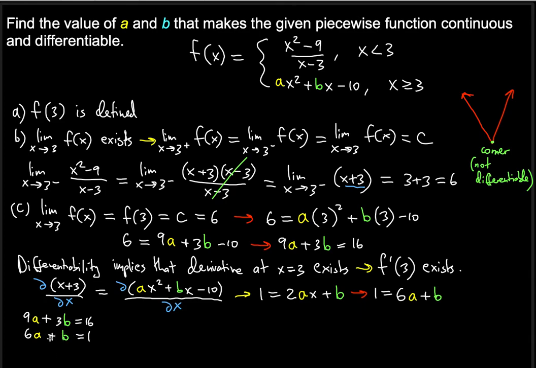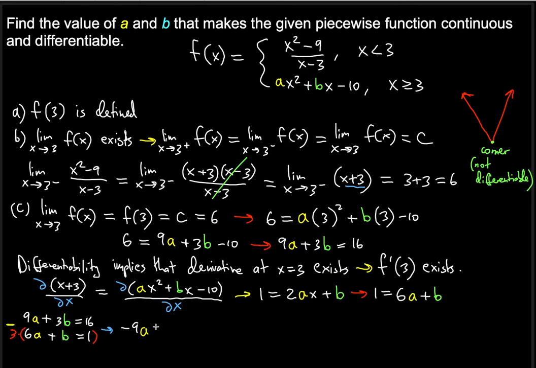So if you multiply the second equation by 3, and then subtract that result from the first equation, the b's will be gone, right? So I'm going to multiply the second equation by 3. As a result, this is what I'm going to have, and I'm going to subtract it from the first equation. So I will have this: 9a minus 18a is going to be negative 9a. And then 3b minus 3 times b is eliminated, right?